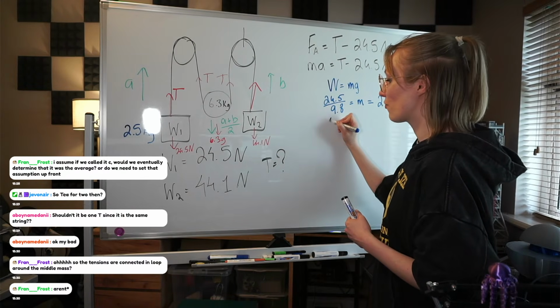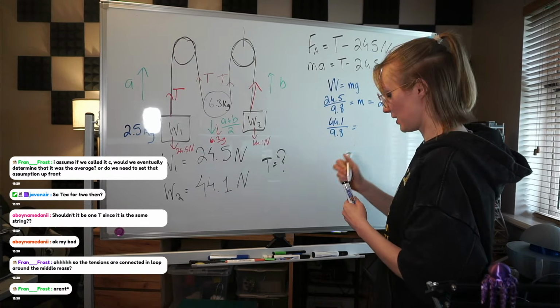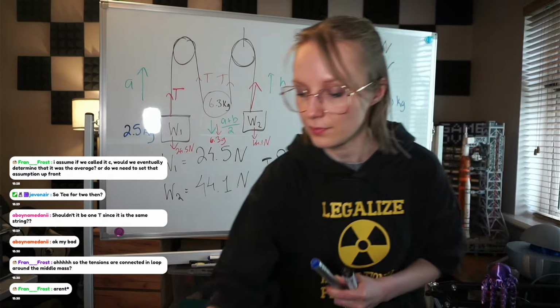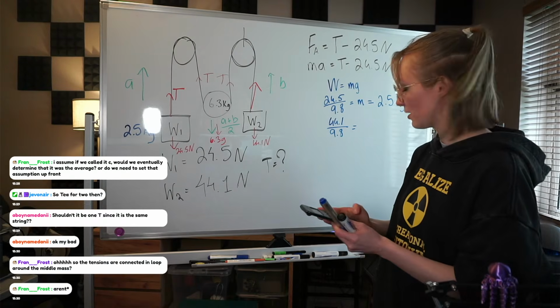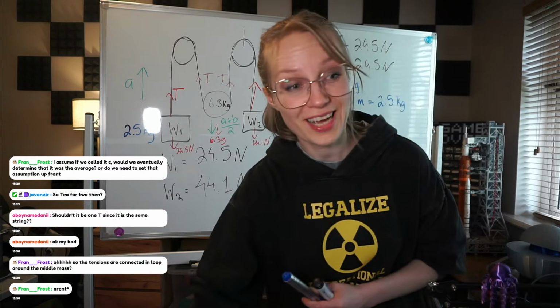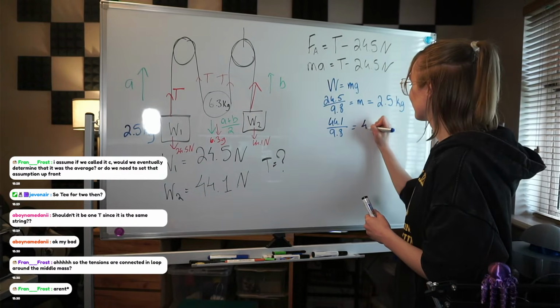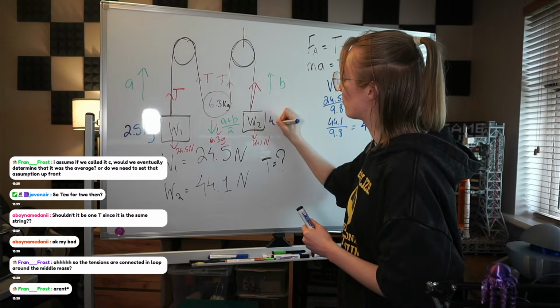Let's quickly do this for weight 2 as well. That is 44.1 newtons divided by 9.8. We get an answer, 4.5 kilograms. This guy weighs 4.5.